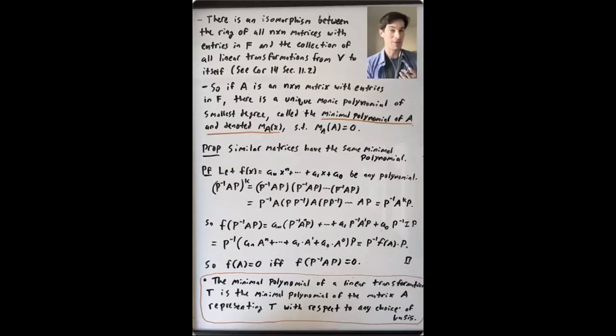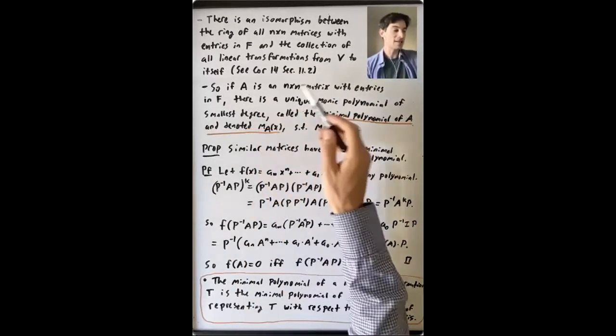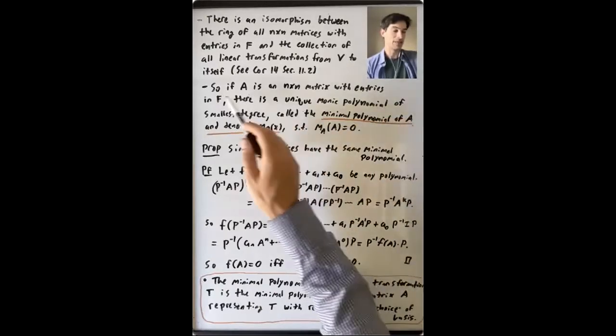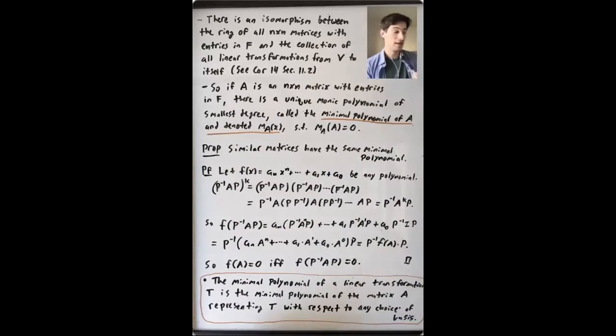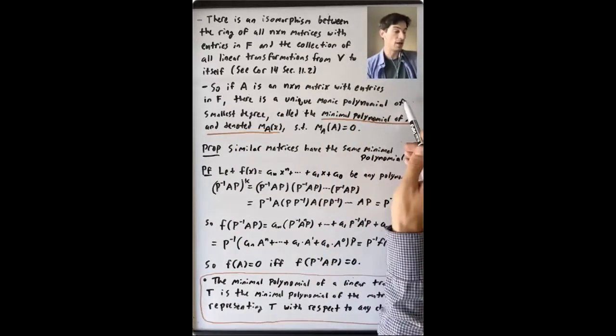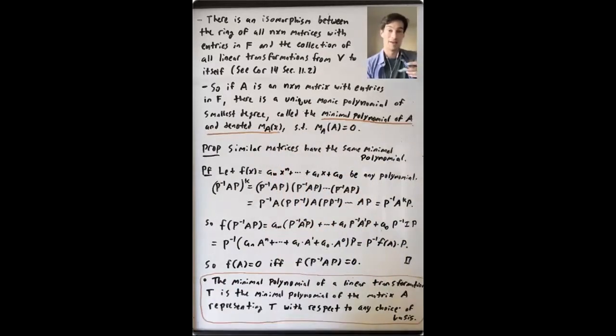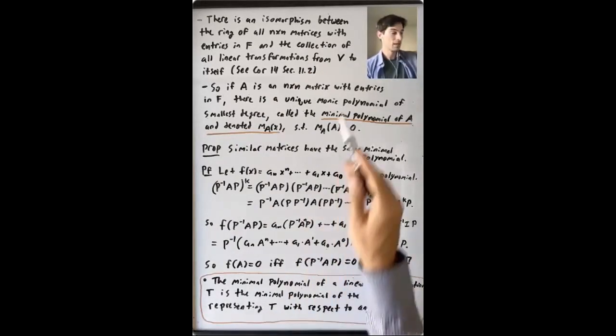I'll let you think about the details here, but this means that if A is an n by n matrix with entries in F, it corresponds to some linear transformation. And we know for that linear transformation, there's a unique monic polynomial of smallest degree, so that when you apply that polynomial to that linear transformation, you get the zero linear transformation.